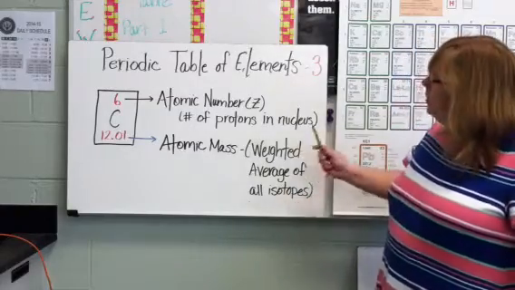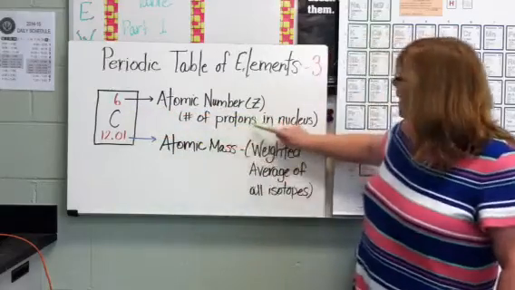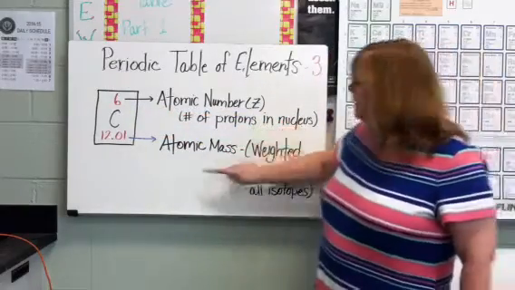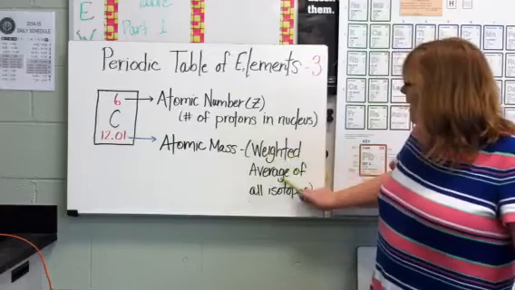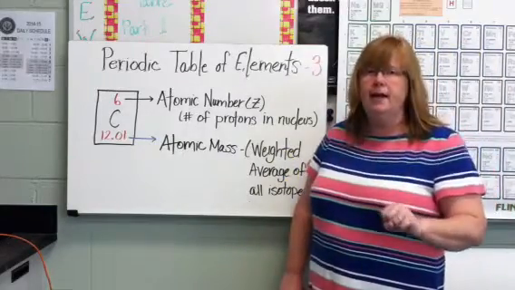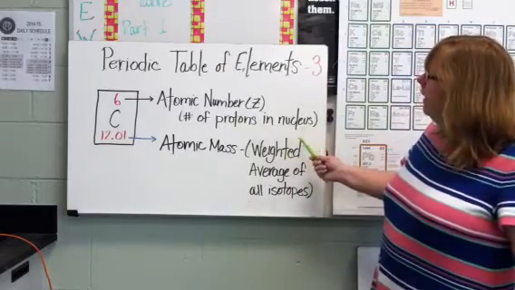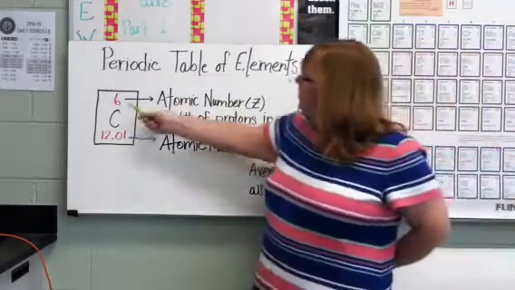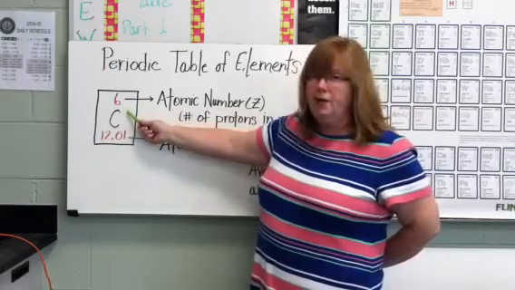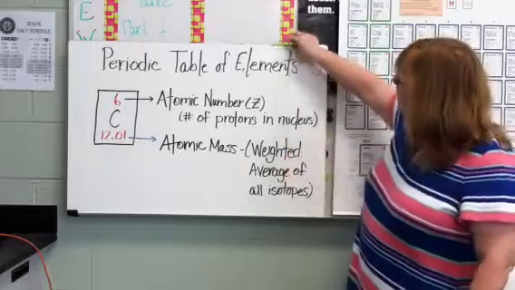So I would like you to know that this number is the atomic number, and that is the number of protons in the nucleus. The atomic mass is a weighted average of all the different forms of that element. The periodic table is arranged starting with number 1 for hydrogen, and then it goes in the order of atomic number.